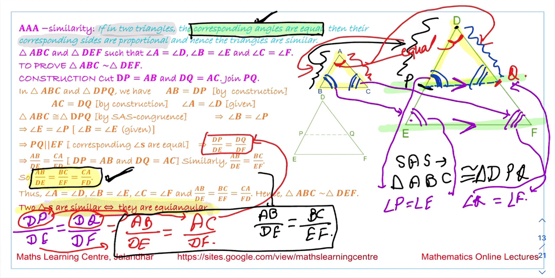So whenever we are using the word similar, it is the same as equiangular. If all the angles of the triangles are the same, then the two triangles are similar. Now next we have, if two angles of a triangle are equal, we have two triangles.